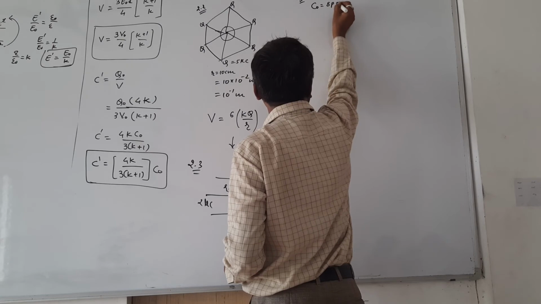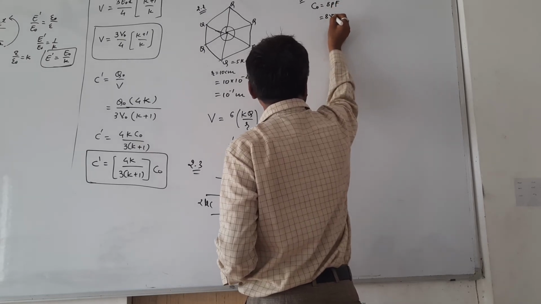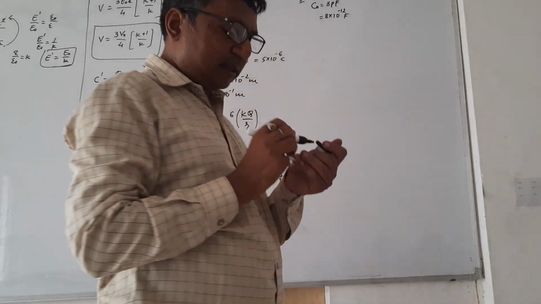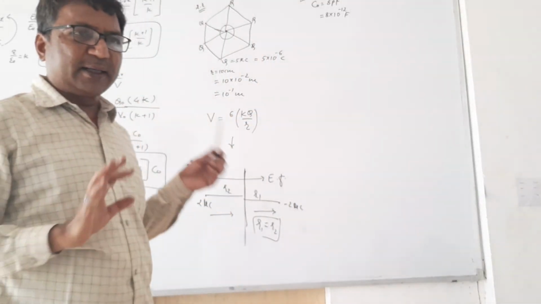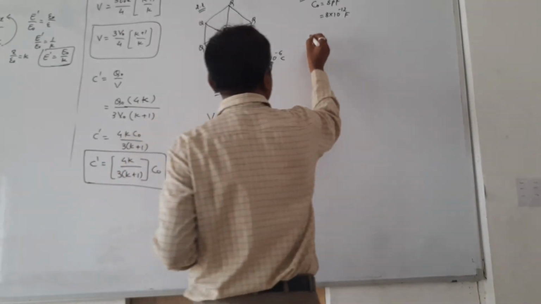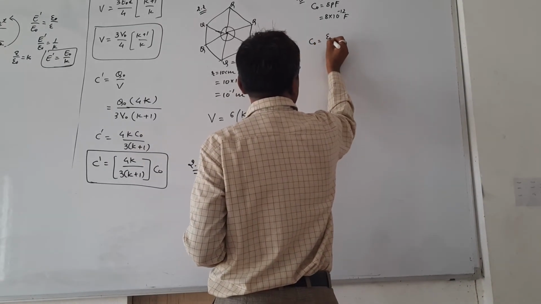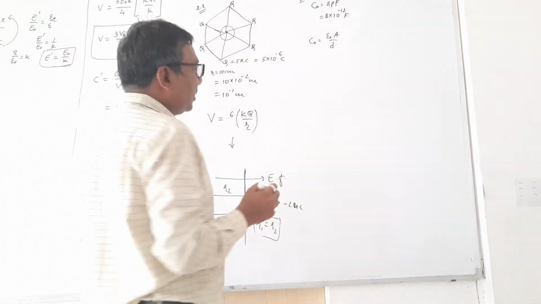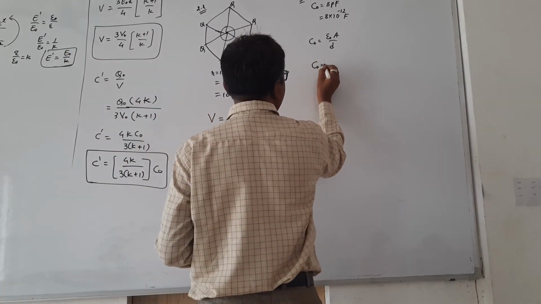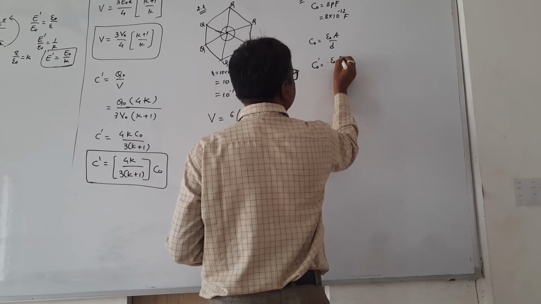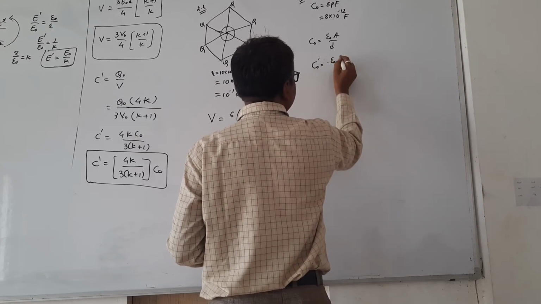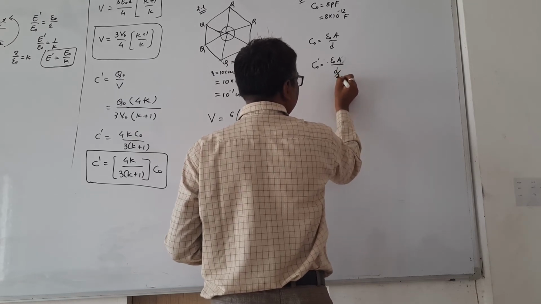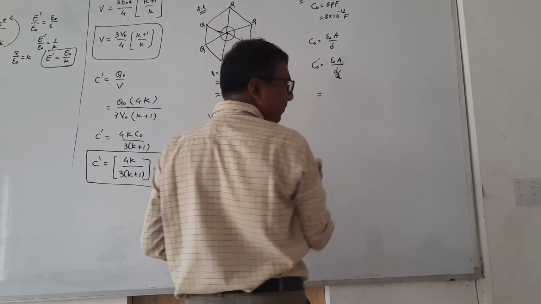C0 is equal to 8 picofarad, that is 8 into 10 raised to minus 12 farad. This is C0, you are given. But C0 is equal to epsilon 0 A by D. So now again C0 dash, when you reduce D by 2, the 2 will go outside, half.